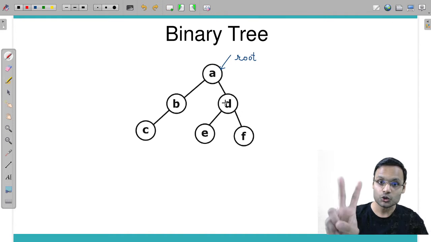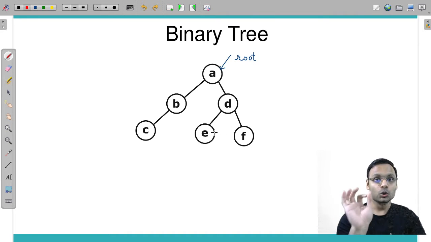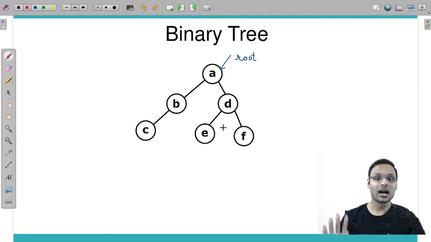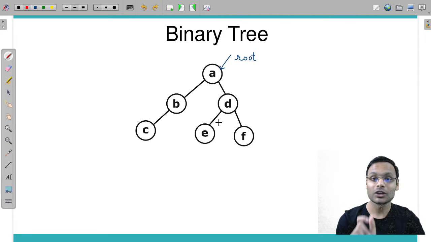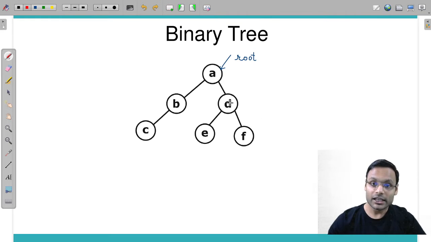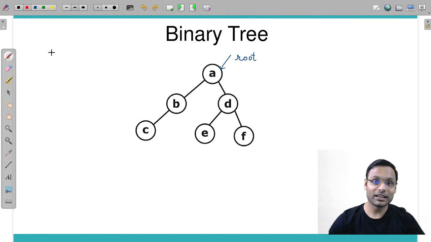Similarly, D has 2 children, left is E, right is F. You need to clarify this clearly and explicitly: which node is on which side, left or right. You need to specify it explicitly. Got it?